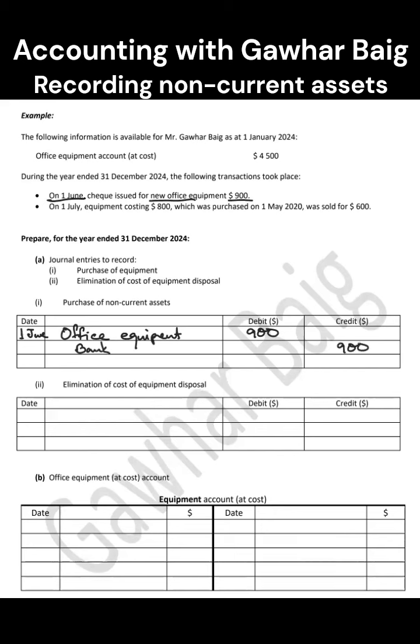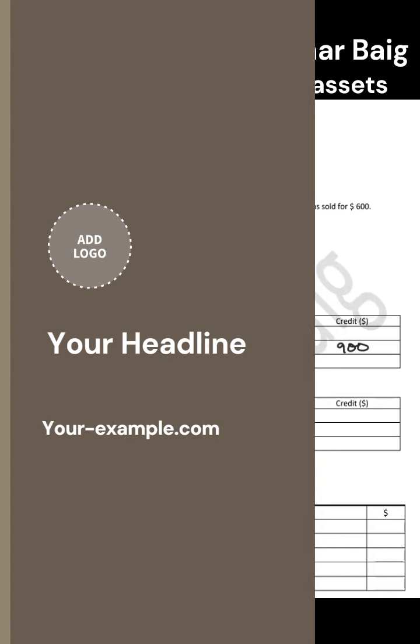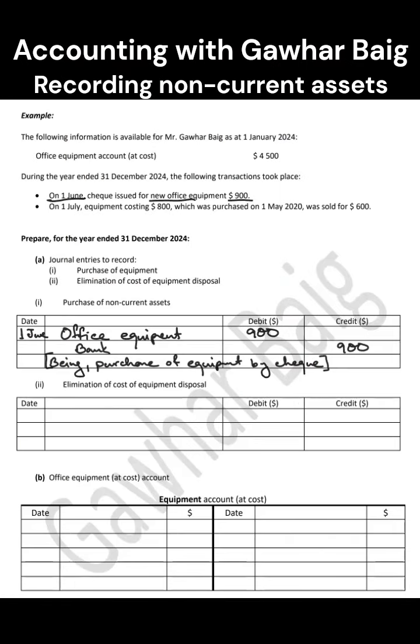If you're asked to write a narration, just simply write being purchase of equipment, check. So that is the journal entry for recording purchase of non-current asset.